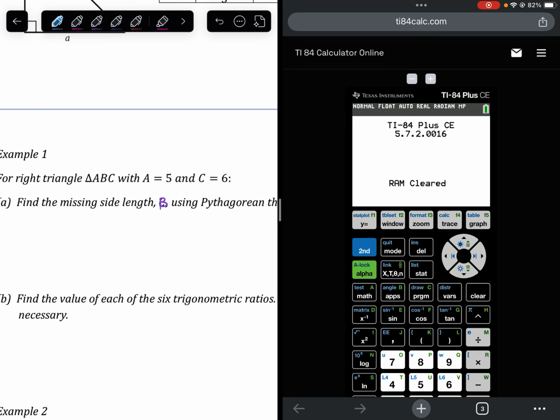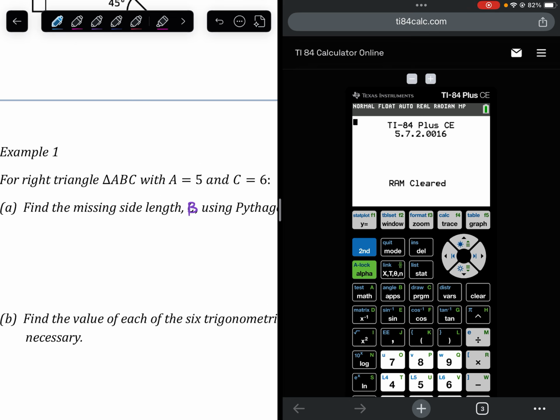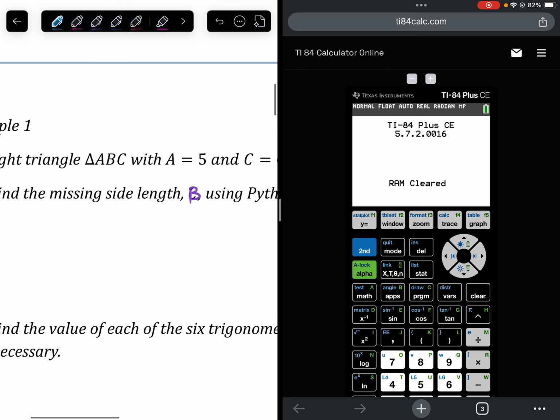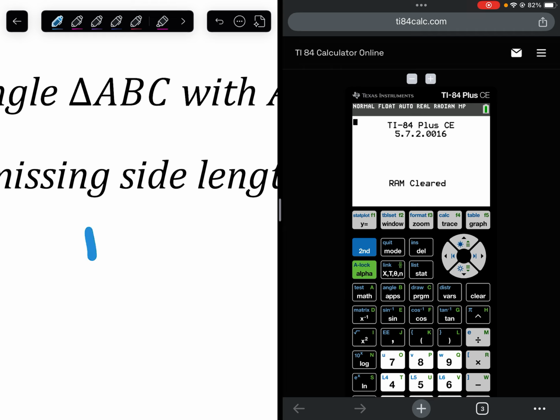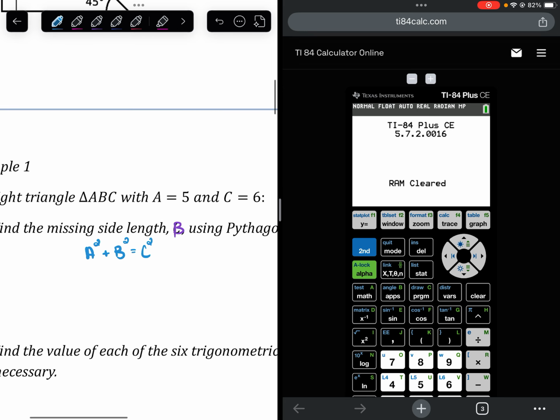So we know A is 5 and C is 6. So again, we're going with the standard right triangle where C is the hypotenuse in this case. So that would be A squared plus B squared equals C squared, standard formula. So if we go ahead and plug in, A was 5 and C was 6.